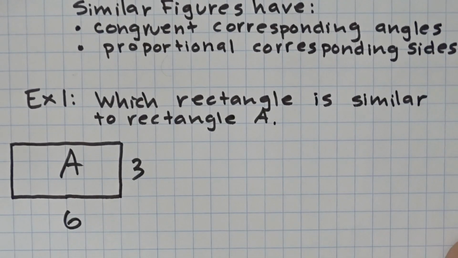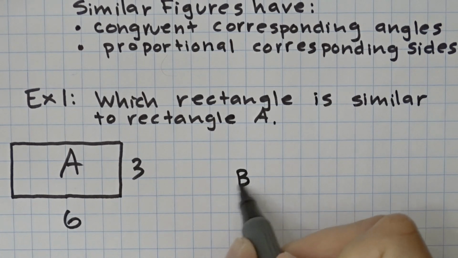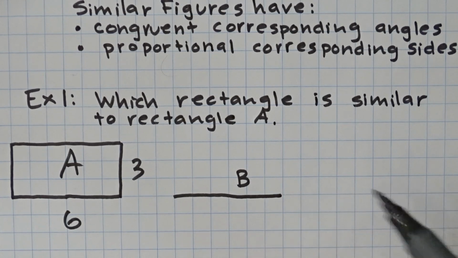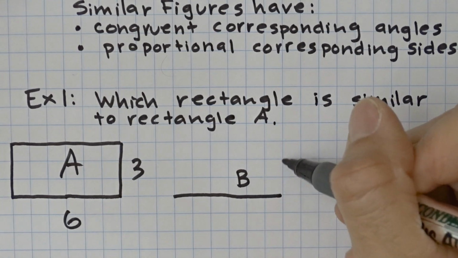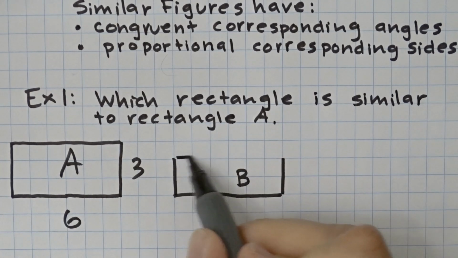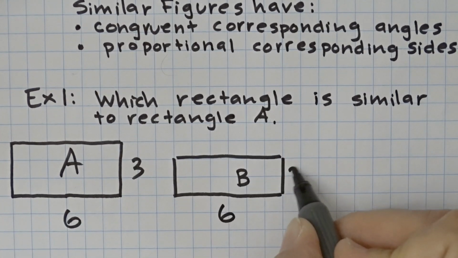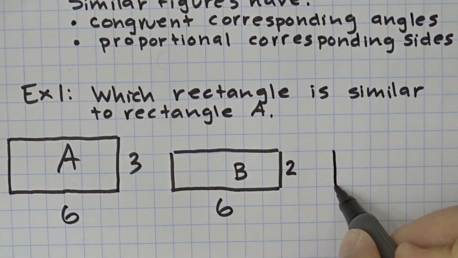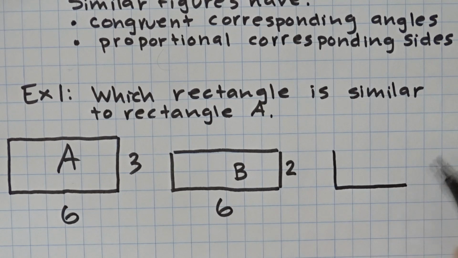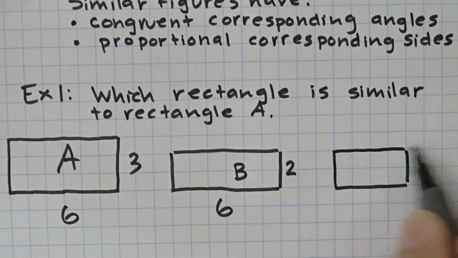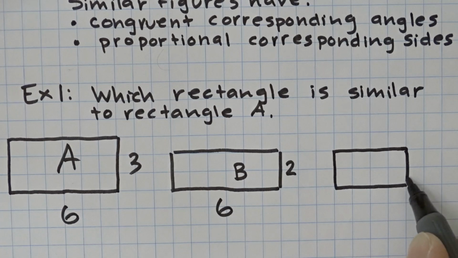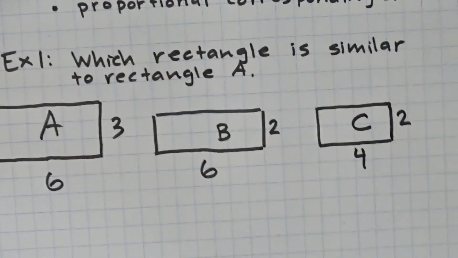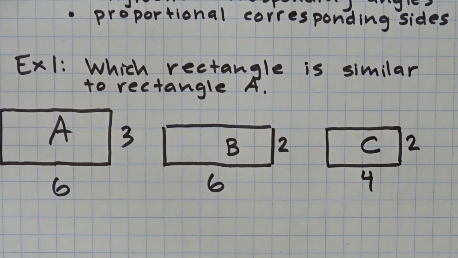And we'll say figure B is another rectangle. That's a 6 by 2. And figure C is another rectangle. That's a 2 by 4. All right, so which rectangle is similar to rectangle A?